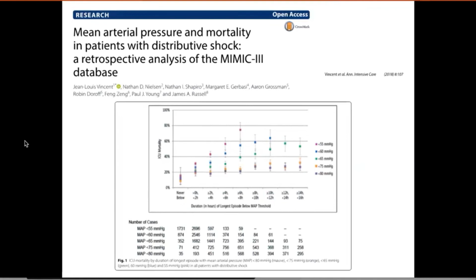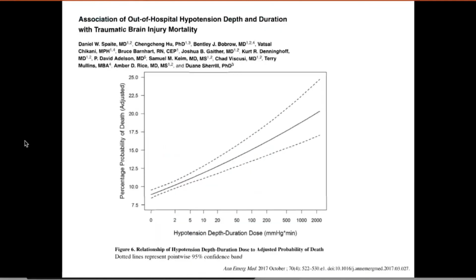That was found in this general patient population in different types of ICU in MIMIC. Next slide. And that was also found in very specific cases, with a very straightforward relationship between the hypotension depth and duration, the dose here on the x-axis, and the probability of death, in this case for traumatic brain injury, which is also a very frequent reason for ICU admission.